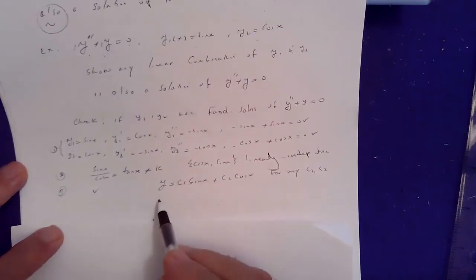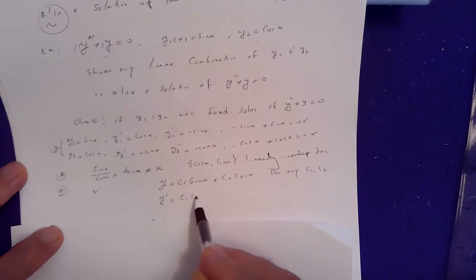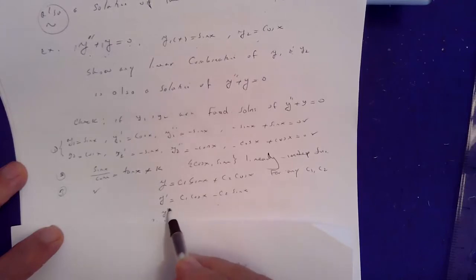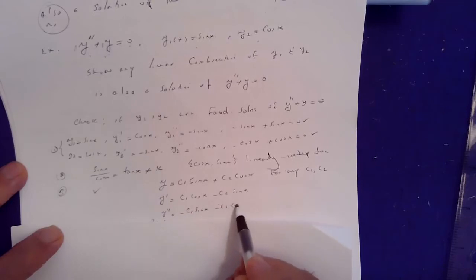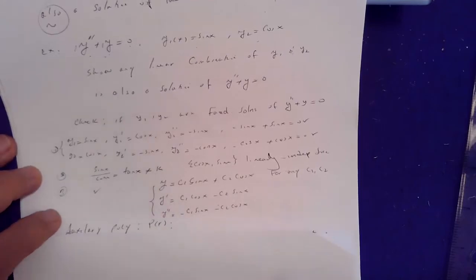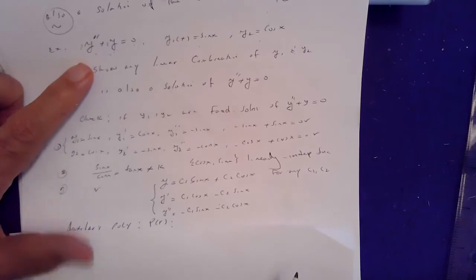So let's take two derivatives. This would be c1 cosine of x minus c2 sine of x. One more derivative, that would be minus c1 sine of x minus c2 cosine of x. Substitute these into the original differential equation.